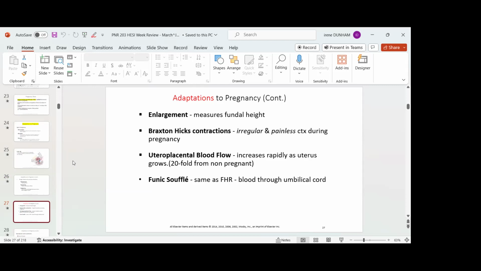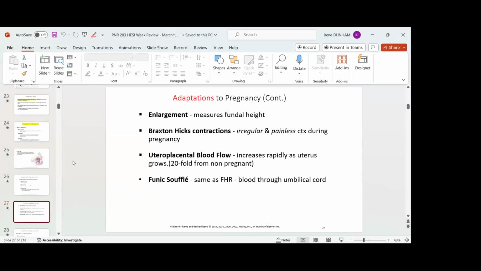If she is 26 weeks gestation, how many centimeters should she measure? If she is 26 weeks gestation, she should measure 26 centimeters.